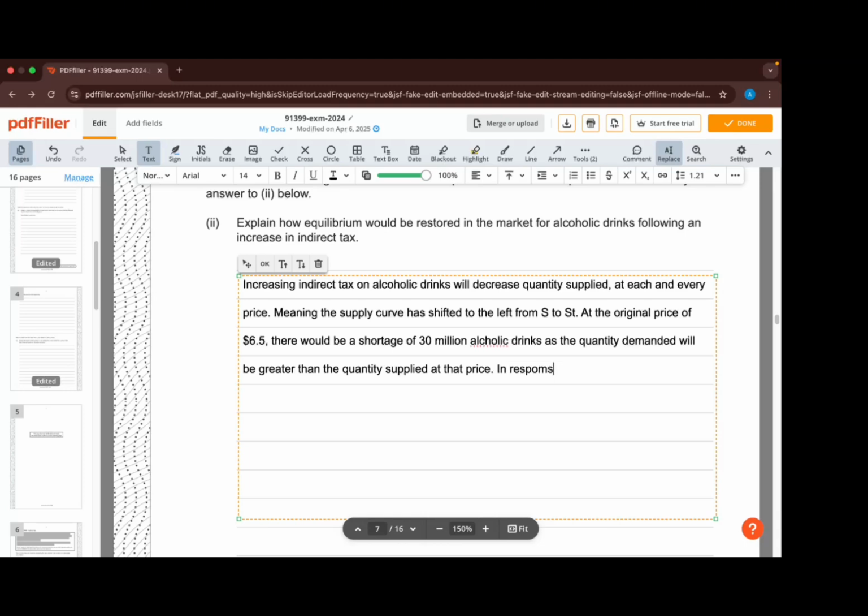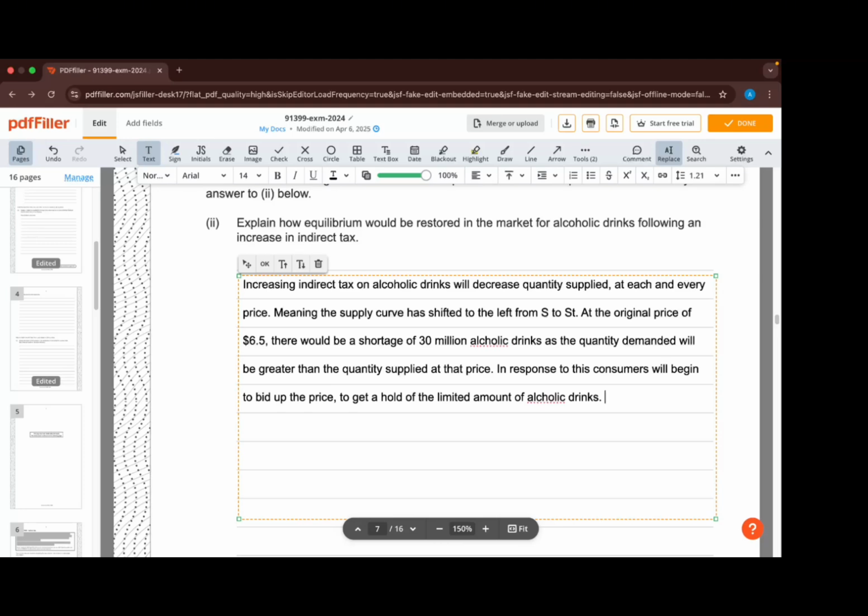In response to this, consumers will begin to bid up the price because they want to get a hold of this limited amount of alcohol. Because they're bidding up the price, the price is going to start to increase.